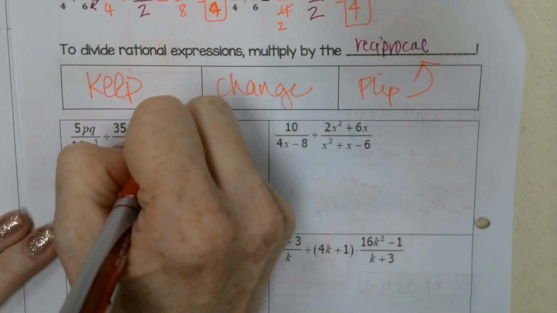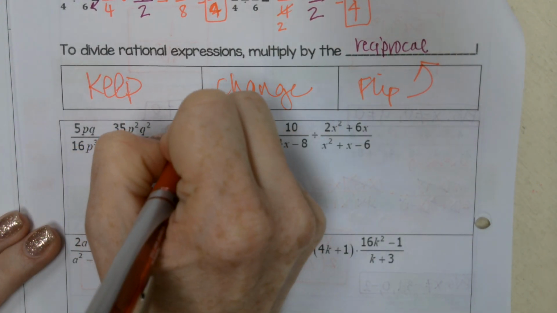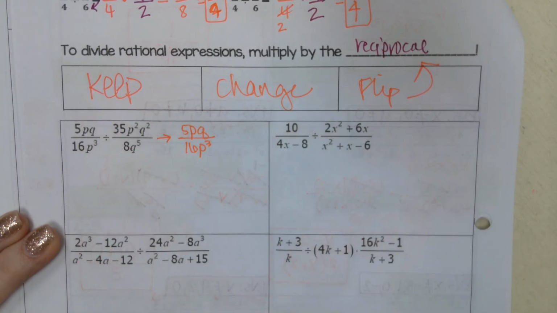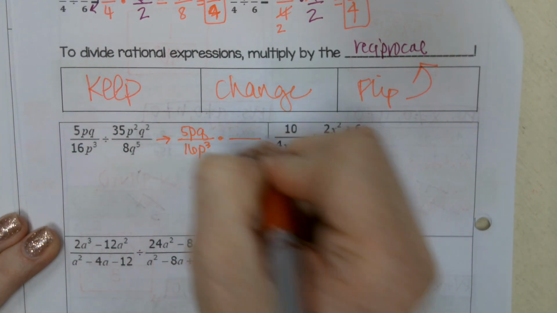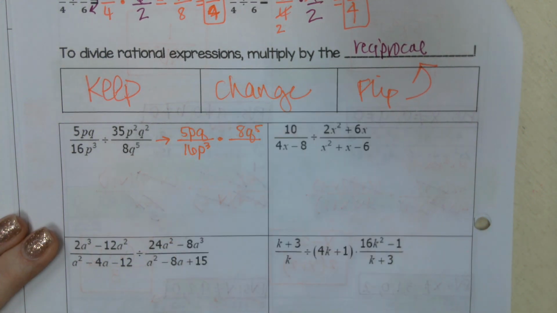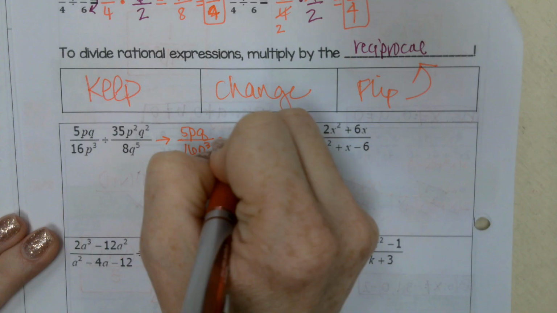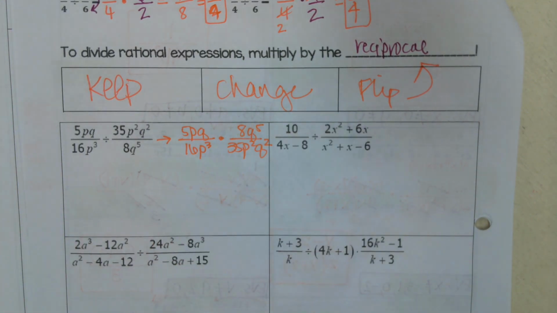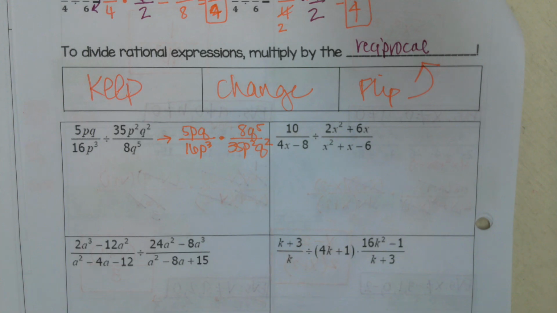All right, so over here, I'm going to keep this first fraction the same. And I am going to multiply by the reciprocal. So this 8q to the 5th is now my numerator. And 35p squared q squared is now my denominator.